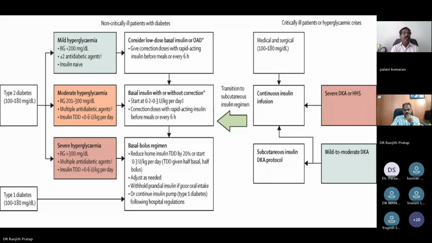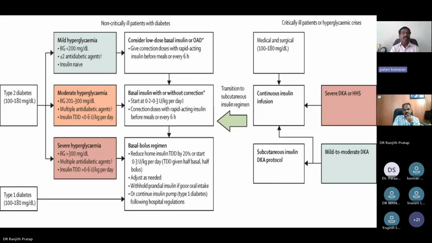Whenever the blood sugar is between 200 to 300, that is moderate hyperglycemia, or the patient is already on multiple antidiabetic agents, more than 2 agents, or the patient was already on insulin and the insulin requirement was less than 0.6 units per kg per day.